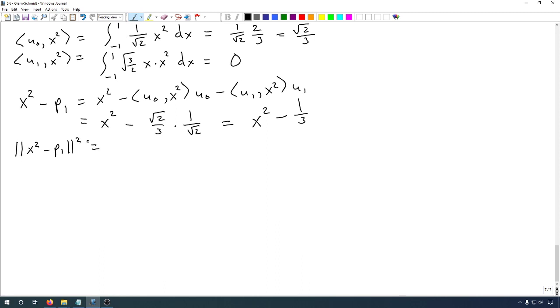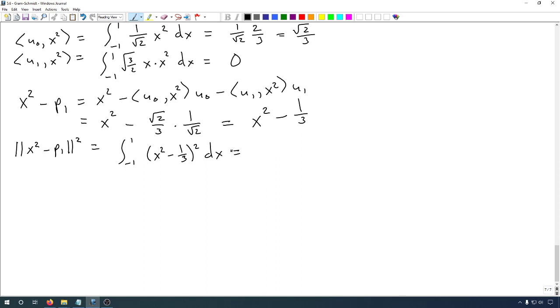Its norm squared, just so we don't have to deal with square roots right now, will be the integral from -1 to 1 of x squared minus p1, squared, because we're taking the inner product of it with itself, so we have to multiply that function by itself in the integral. So we're going to take x squared minus 1/3, square it and integrate that.